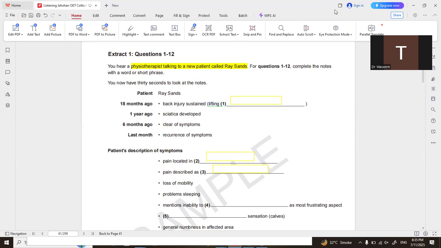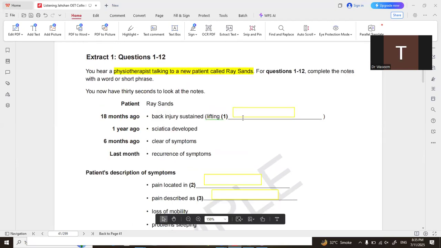Now you have to understand what was that something he was lifting. Okay, so what do you think? If you have done this test, you might say something which is exactly accurate. But if you have not done it, there are a few things that come to your mind.